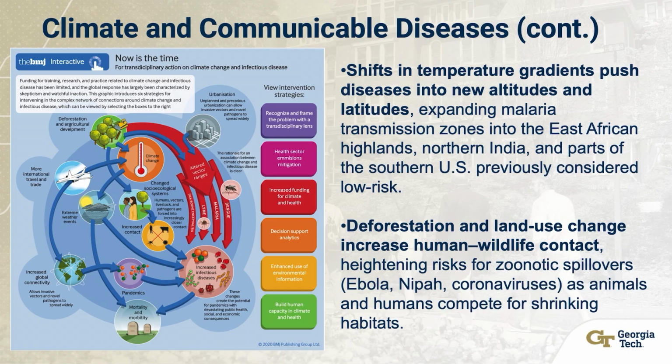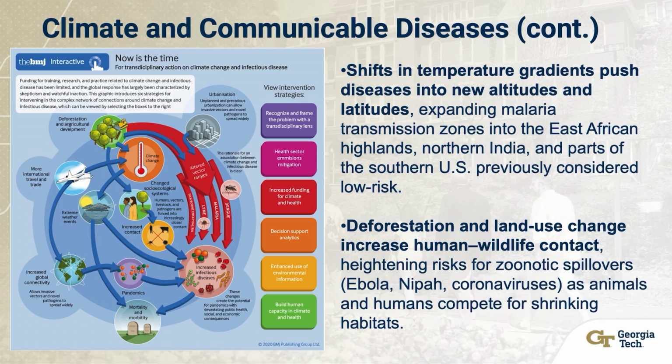There's a diagram here that explains the transdisciplinary nature of climate change and infectious disease. We can look at different factors like urbanization and how they contribute to altered vector ranges, but within this we're looking specifically at four things: dengue, malaria, Lyme disease, and tick-borne encephalitis.